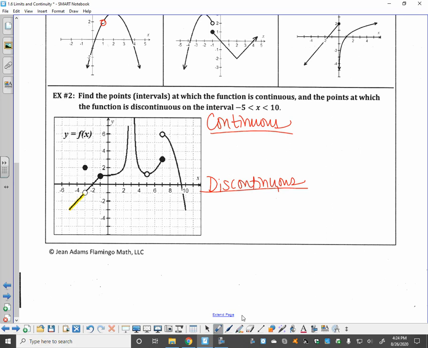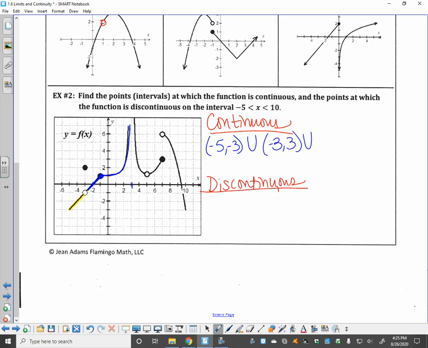So from -5 to -3, parentheses. And union, I am continuous, oh, hold on, all the way. I don't have to stop here because he's filled in. So all the way to there. So what is that? 3? So from -3 to 3.